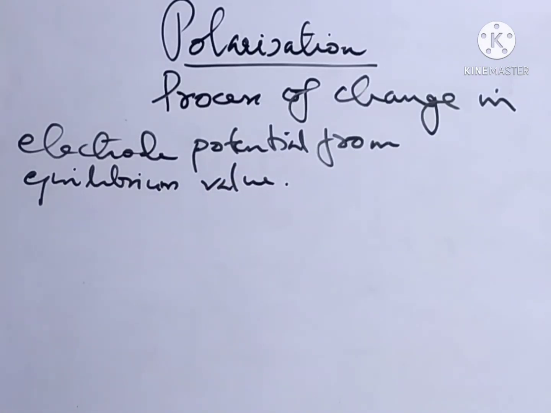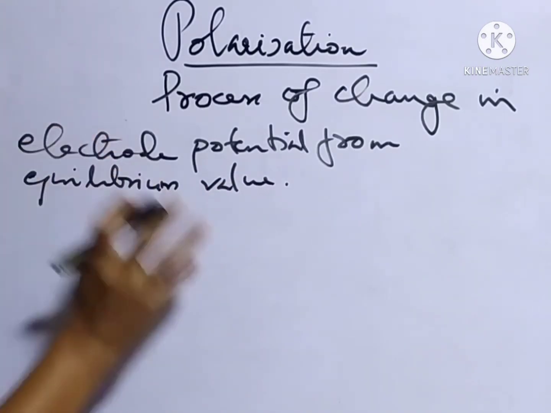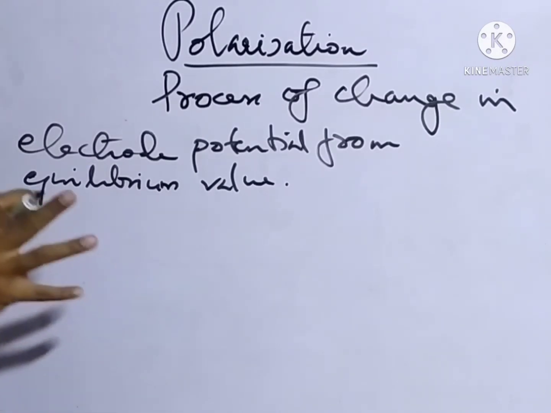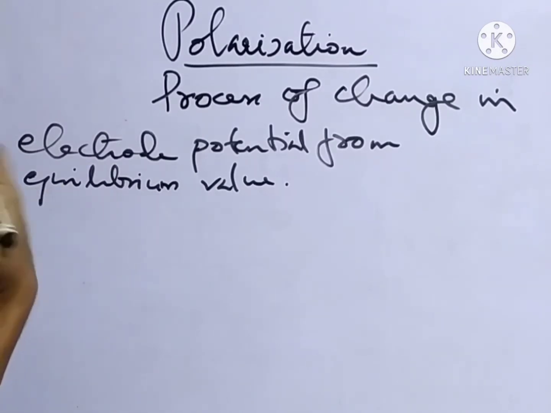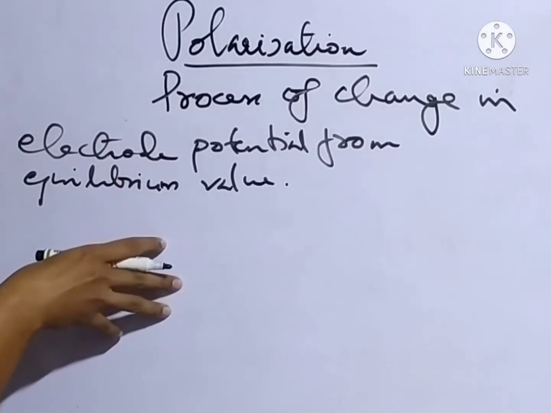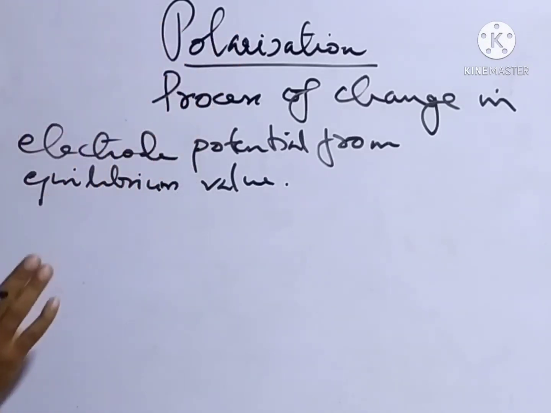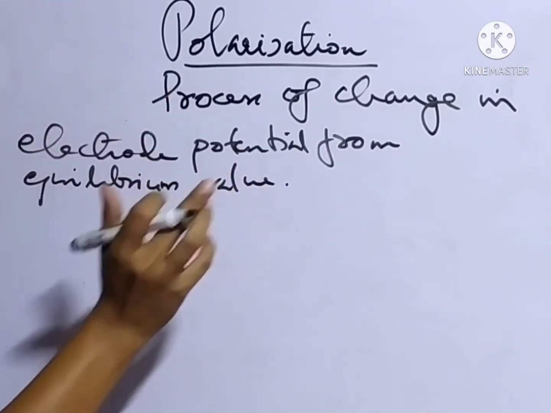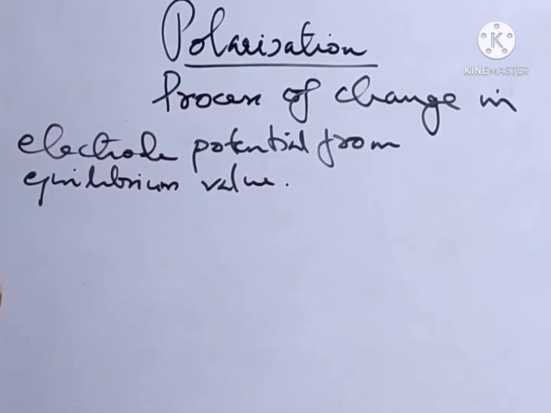So normally the value we are calculating as the EMF of the cell is a theoretical value, right? Practically the electrode potential will be greater than this theoretical value. And the phenomenon is known as polarization, and the excess potential is known as polarization current.